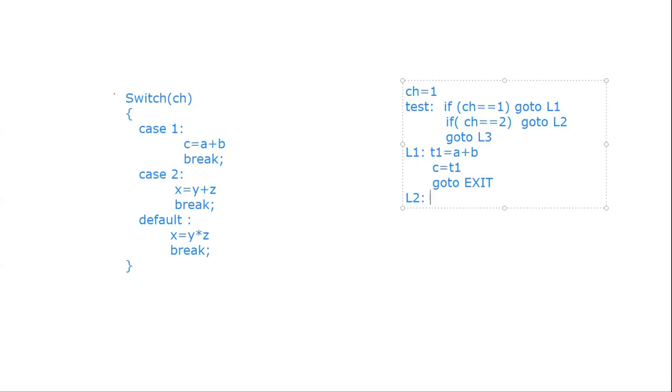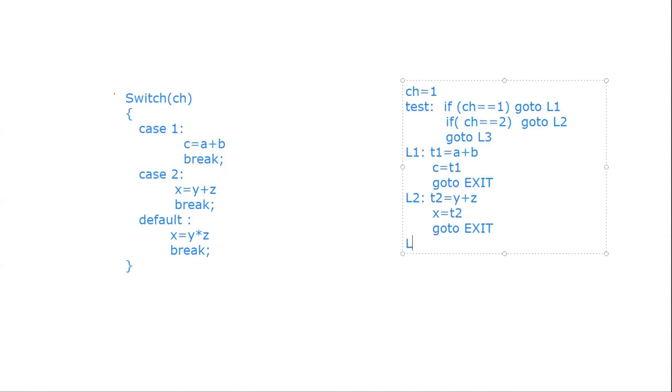Now in a similar way, I'm going to perform L2. What is written in L2? x = y + z, and it is going to be performed if CH is equal to 2. So t2 = y + z and finally t2 is assigned to x, and go to exit. Break from the case.